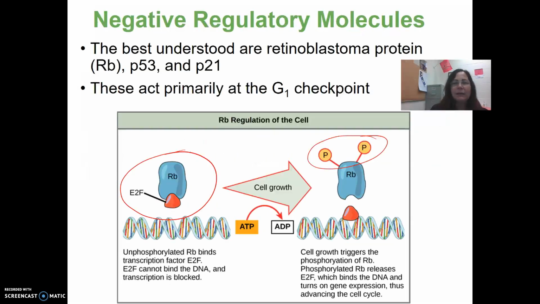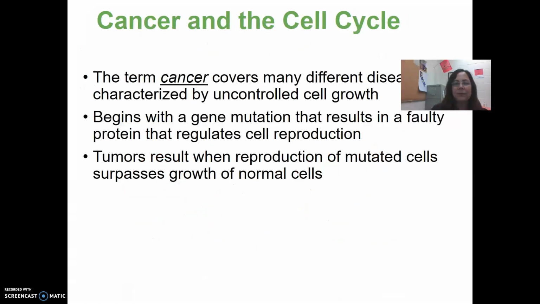So it's a negative regulator because most of the time it prevents the cell cycle from continuing.